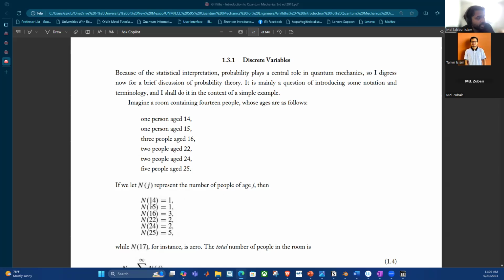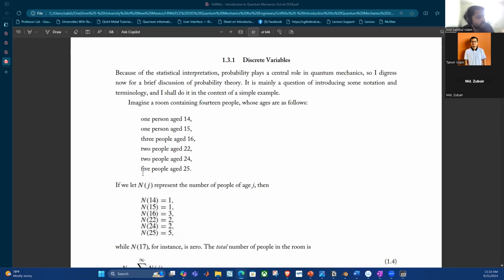Let's say when you say N(14), it asks what is the number of people that have age 14? It has one from this set. What is the number of people that have age 16? It has three people. What is the number of people that have age 25?